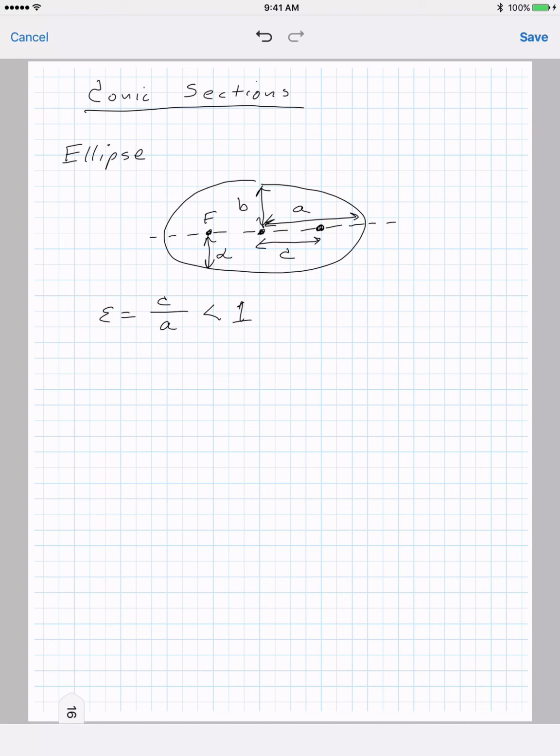This ellipse can be described with r as a function of theta, equal to a times 1 minus epsilon squared, divided by 1 minus epsilon cosine theta. And if we bring in the definition for alpha, this is alpha over 1 minus epsilon cosine theta. That makes a connection back with the conic section that we looked at last time.